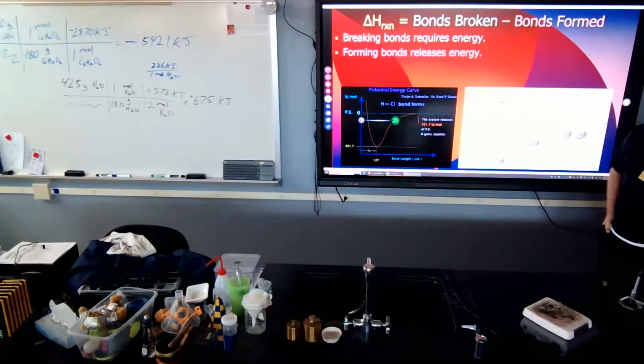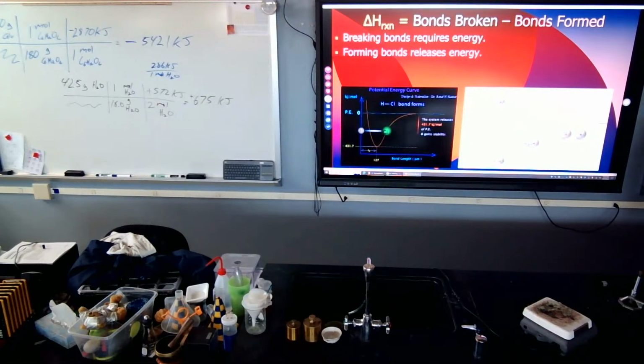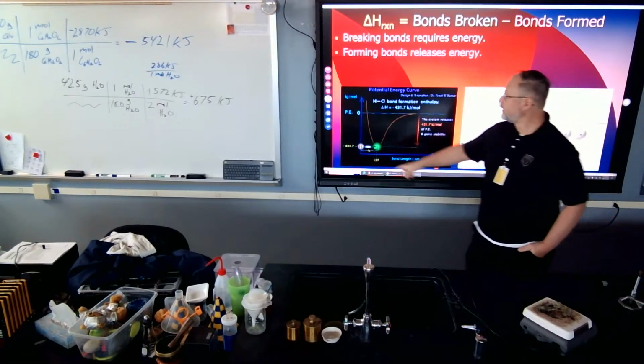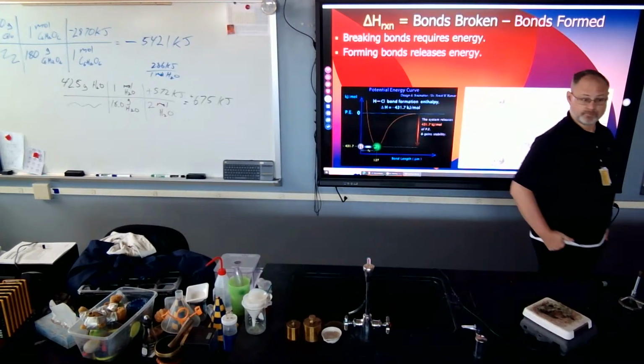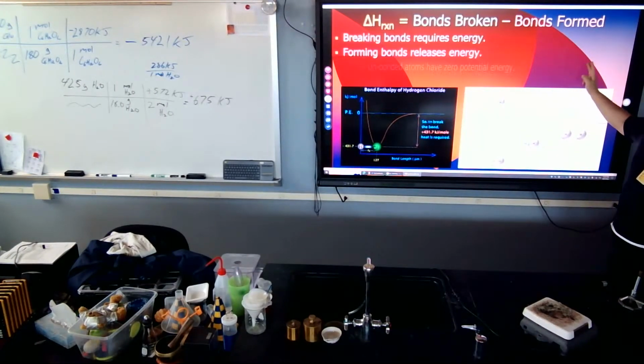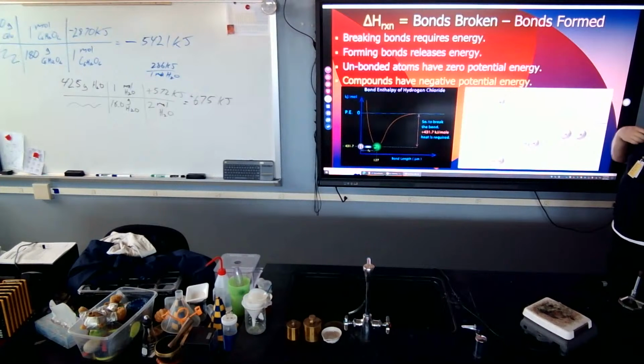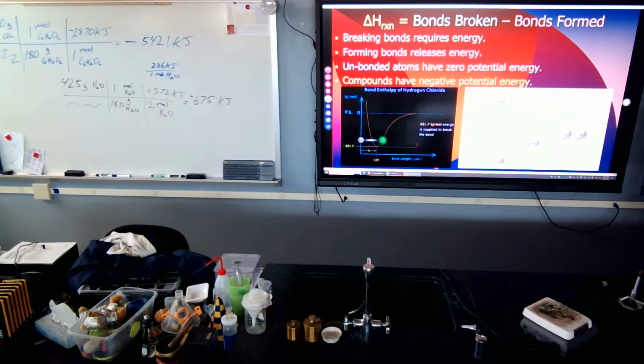But if you want to break the hydrogen-chlorine bond, you're going to need to supply 431 kilojoules. And this is why when we're doing the enthalpy calculations very soon, most of our enthalpy numbers are negative, because compounds have a negative potential energy. They have acquired a low energy state.